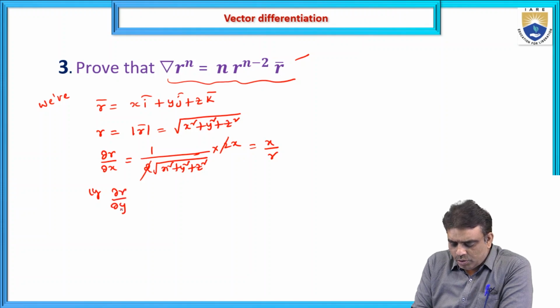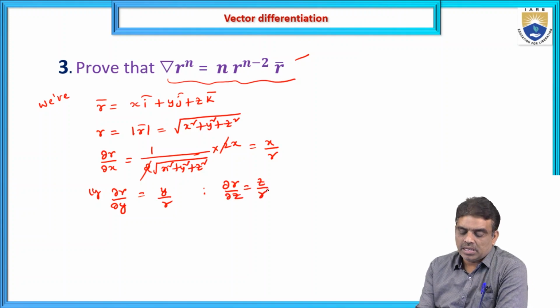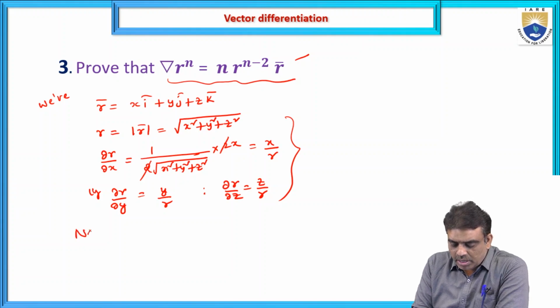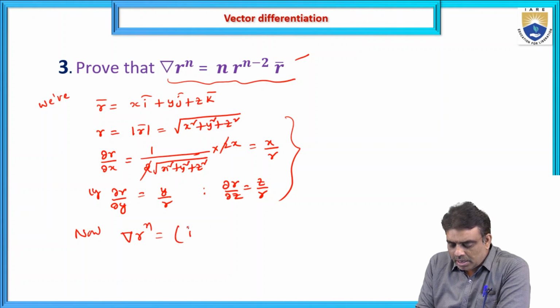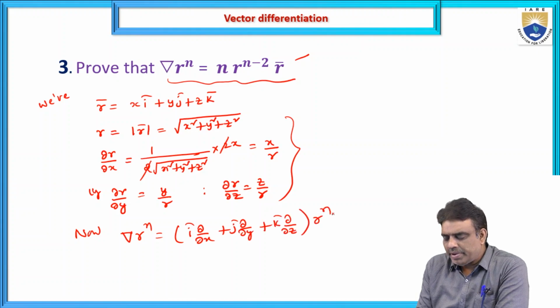Similarly, ∂r/∂y is y by r, and ∂r/∂z is z by r. These are common for the same relation r bar equals x i bar plus y j bar plus z k bar. Now what I have to consider is grad r power n. Grad means i bar ∂/∂x plus j bar ∂/∂y plus k bar ∂/∂z of r power n.